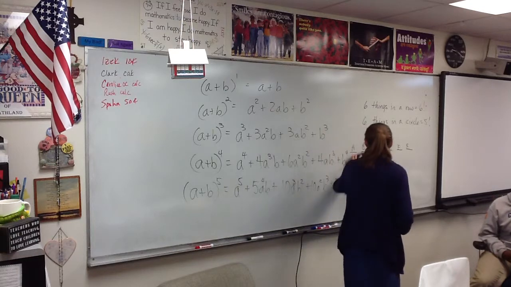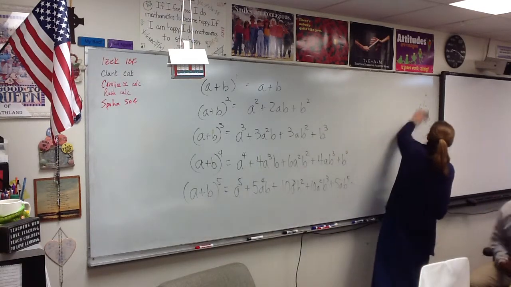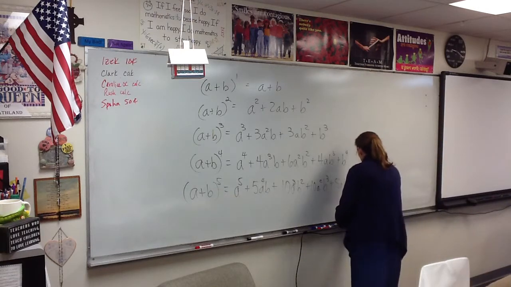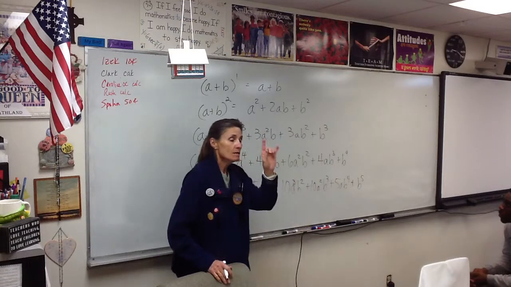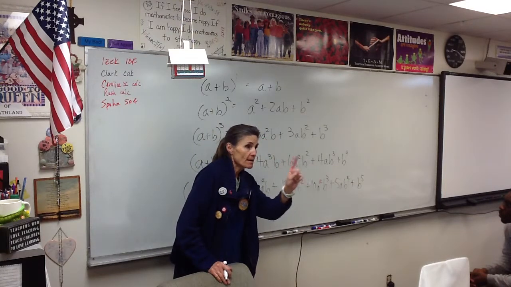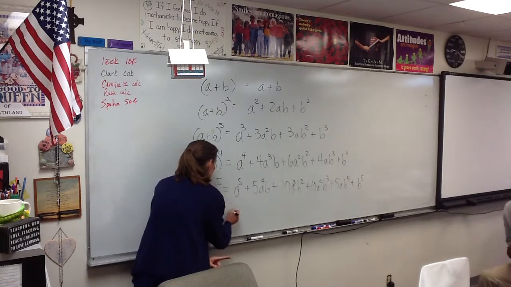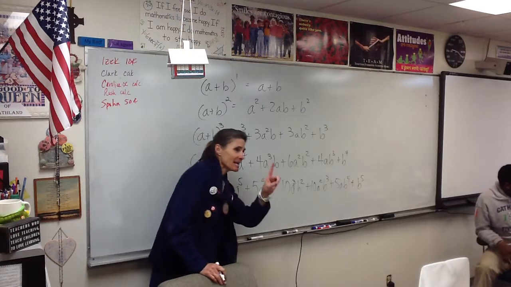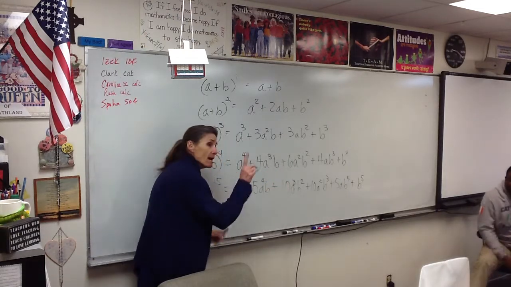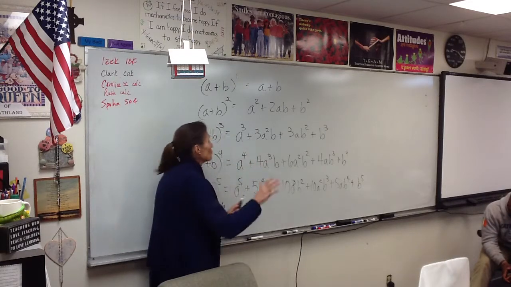And I want you to tell me what you observe. Now, some of it is really easy. Maya, if I said we're going to do a plus b to the sixth, now I want you to look at it and just tell me anything at all that you observe.